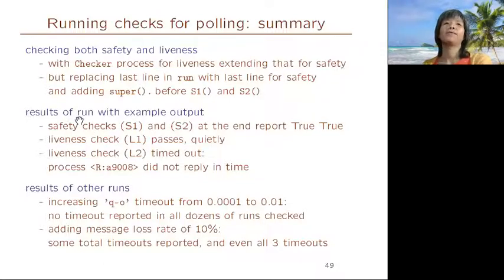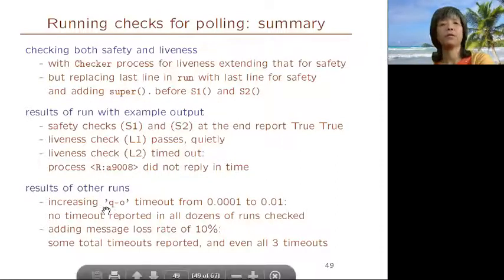Okay. And the result of running for this example output, as I already explained: safety checks S1, S2 at the end reports true, true. Liveness check L1 passes, so quietly, nothing happened. But L2 timed out, and the last one shown was the one of the witness that didn't receive outcome in time. Okay, and there are other runs.